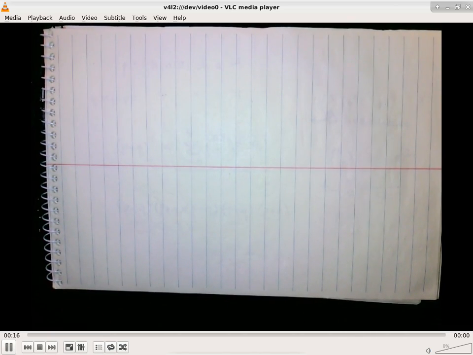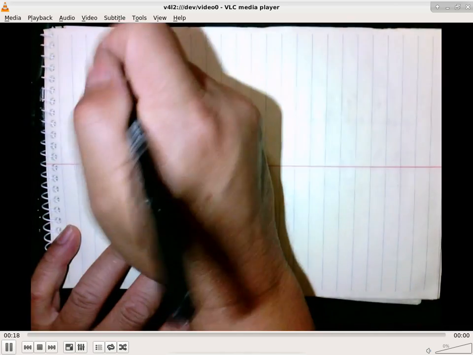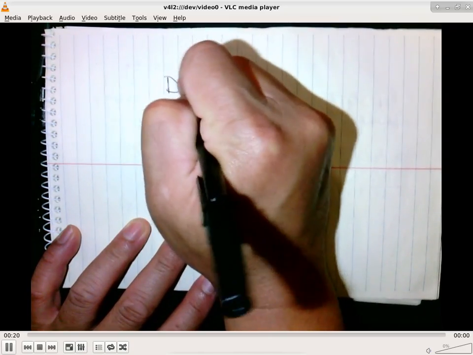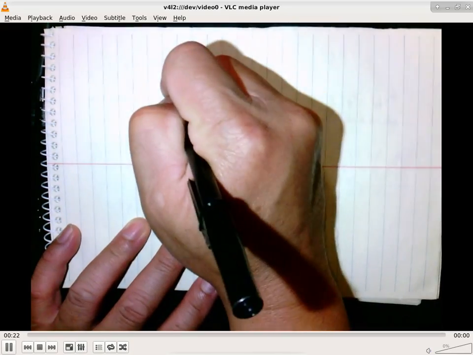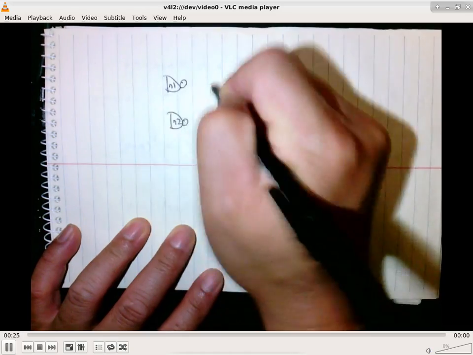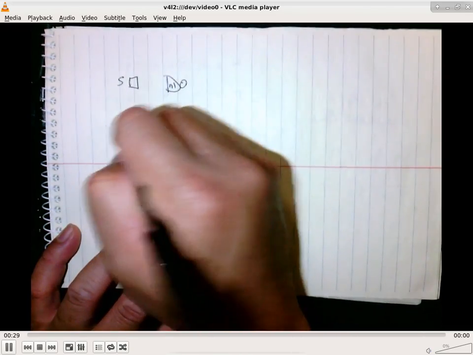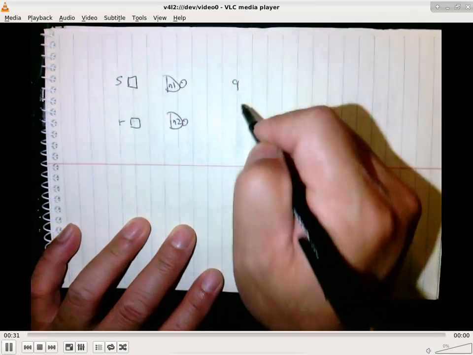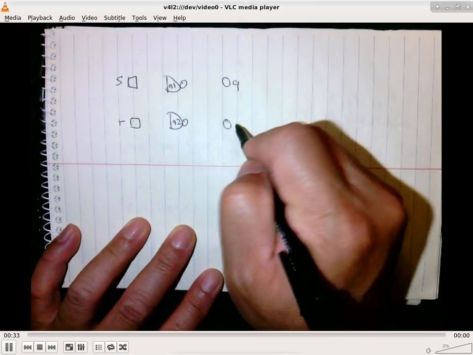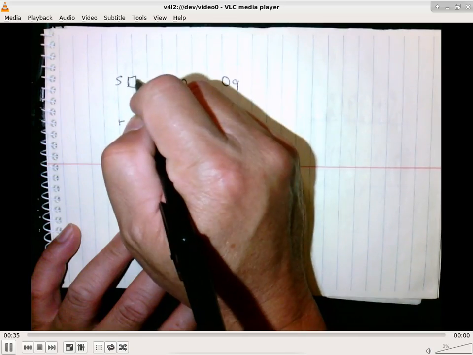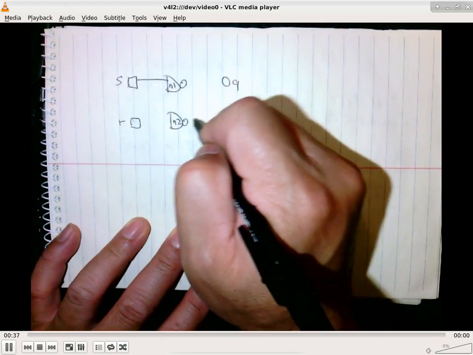Okay, so the situation that we have here is that we have two NAND 2 gates, N1 and N2. We have one input pin called S, one input pin called R, one output pin called Q, and one output pin called NQ. And it goes like this.